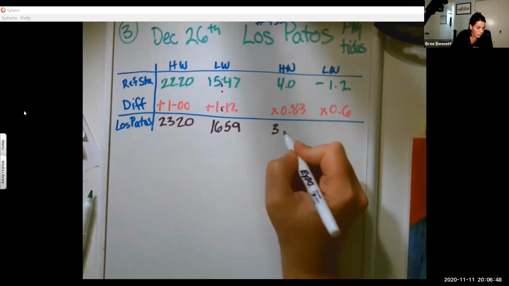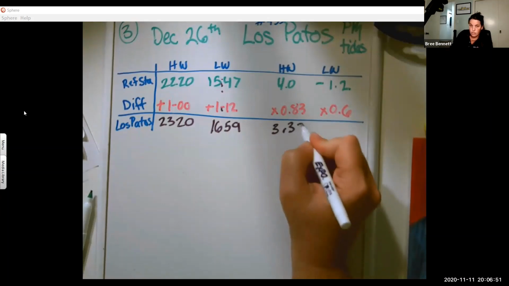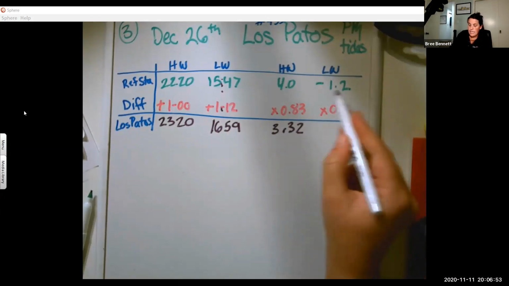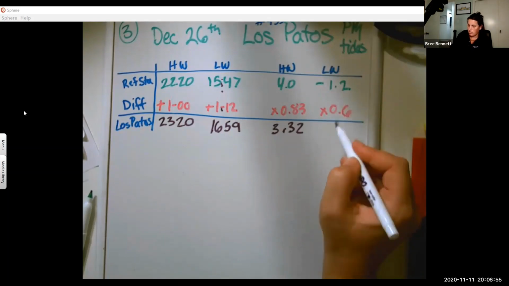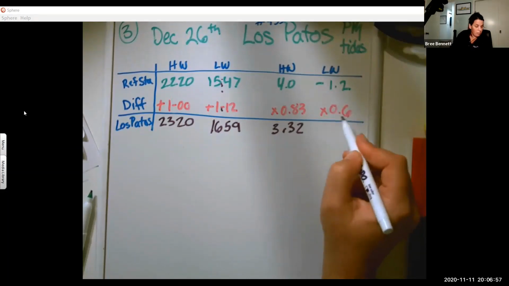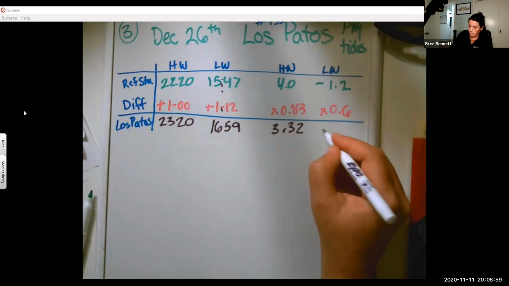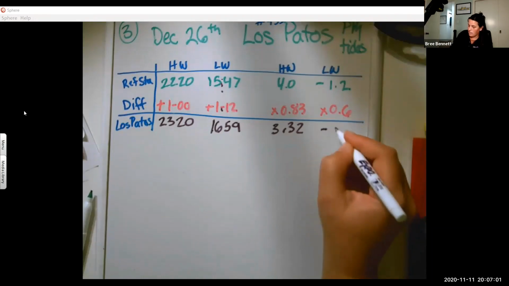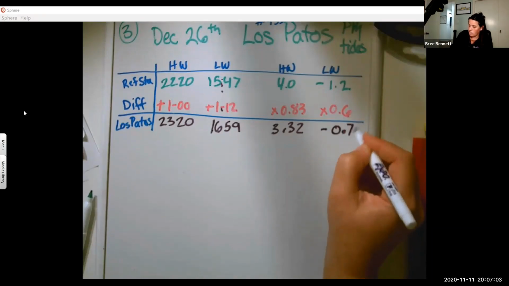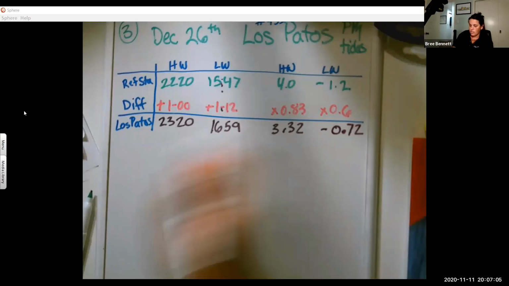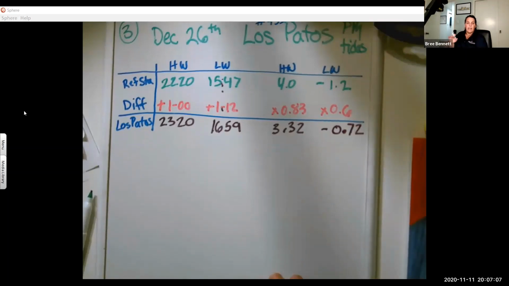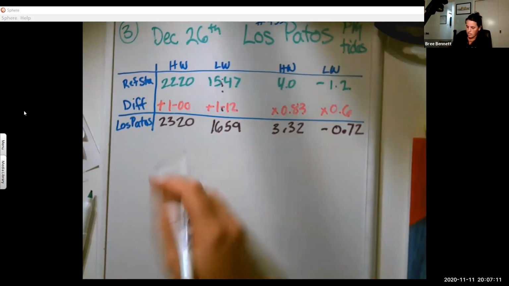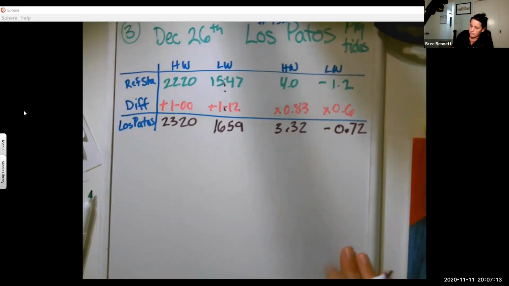It's going to give us 3.32. And our negative 1.2 times 0.6 gives me a negative 0.72. So now I always like to write it out chronologically, just so I can do the next step easily.